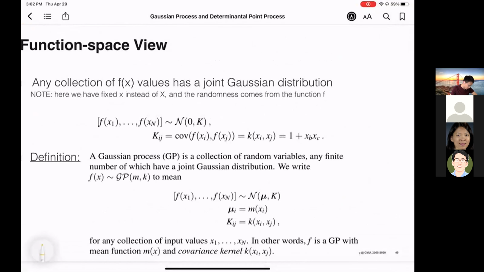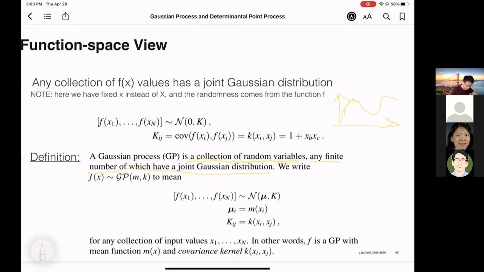The Gaussian process is a collection of random variables. I think this point is important. A collection of random variables, in our case, infinitely many random variables. And out of these infinitely many random variables, any finite number of them have a joint Gaussian distribution. Like for this f we just saw before, this f is sort of this function, right?